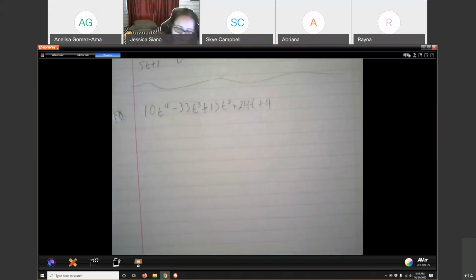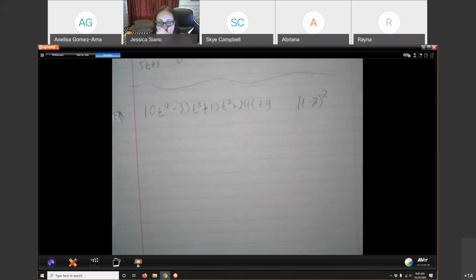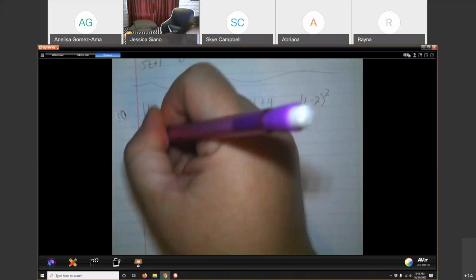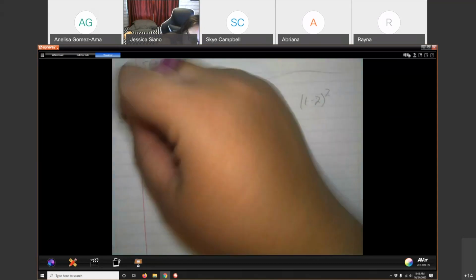So that means that I know x equals 2. Remember we talked about this before. That means that I have a factor at t minus 2. And since it bounces, that factor is squared. So I can divide out that 2 twice. I should set up my coefficients.